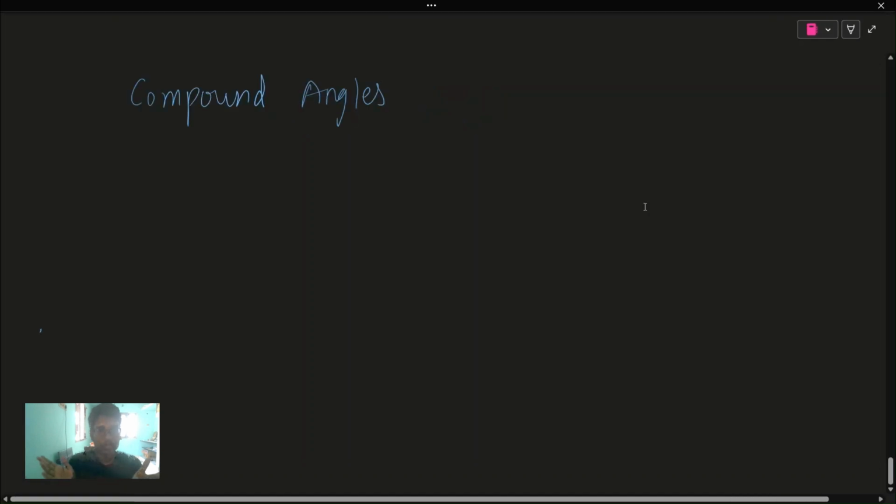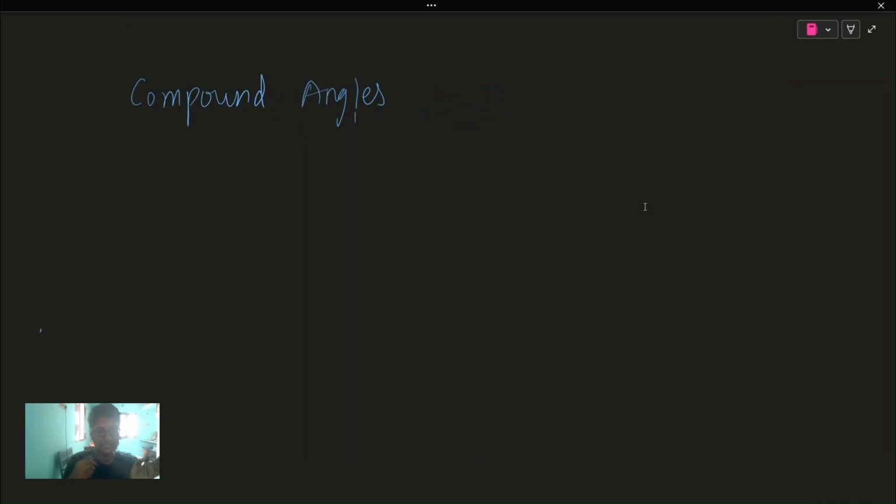Till now, we saw the trigonometry dealing with just a single angle. What if there is more than one angle and trigonometry gets compounded and deals with a big formula? So today, let's see what compound angles are and deal with the list of formulas in trigonometry.